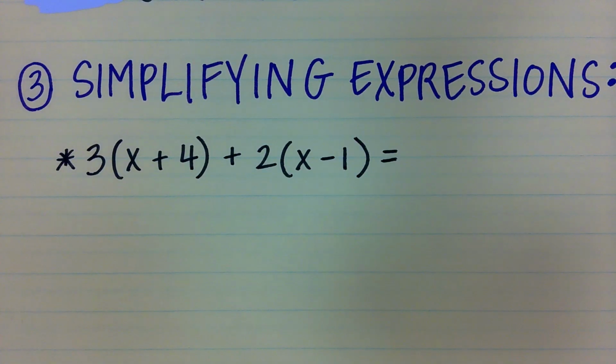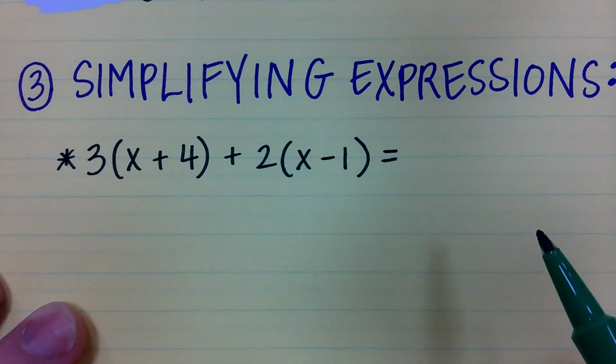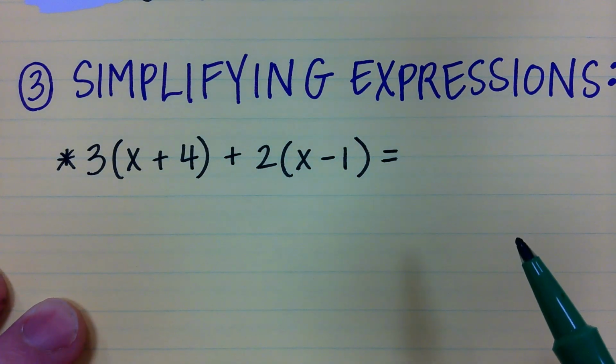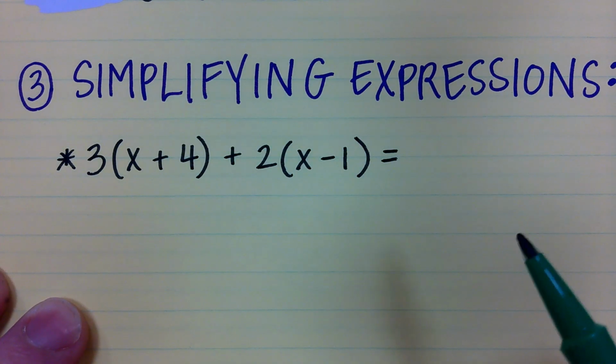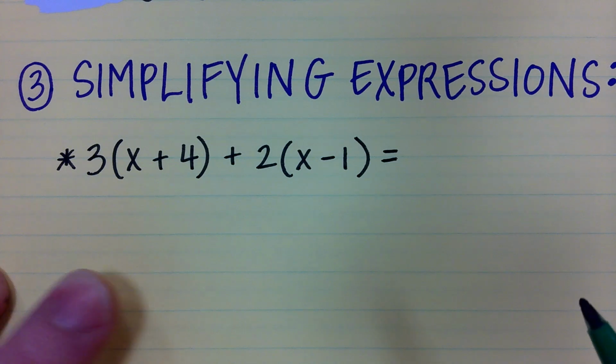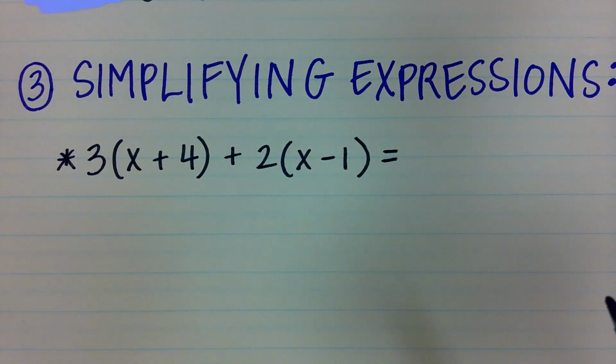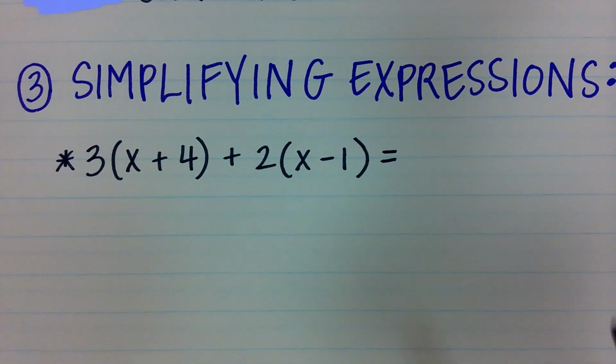So we need to remember our order of operations. I've got a poster right above the board. We want to think about what we should do first. So, what should we do first? Well, in our order of operations, that's our PEMDAS: parentheses, exponents, multiplication, division, addition, subtraction.